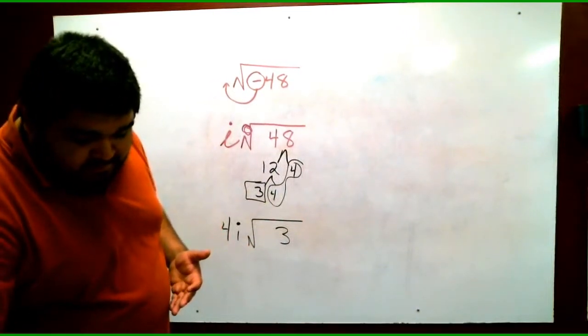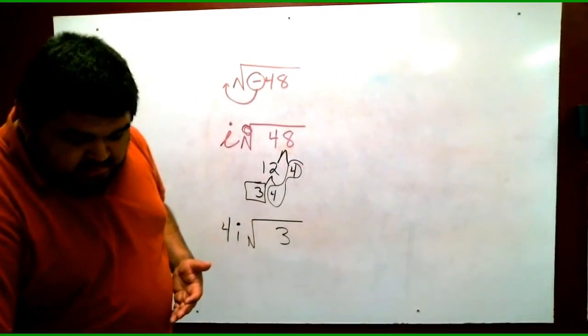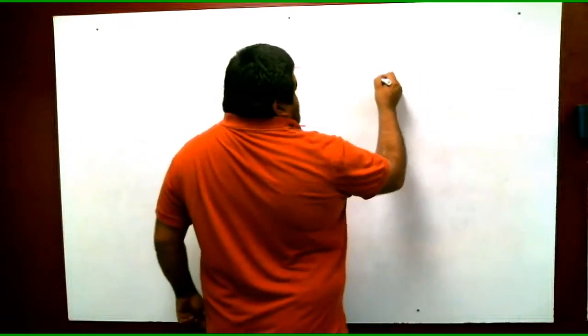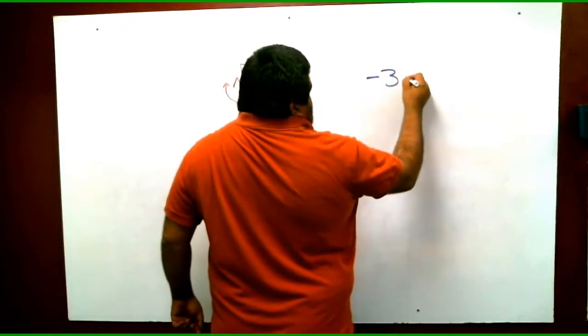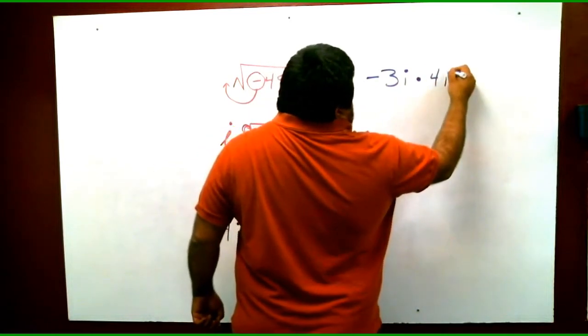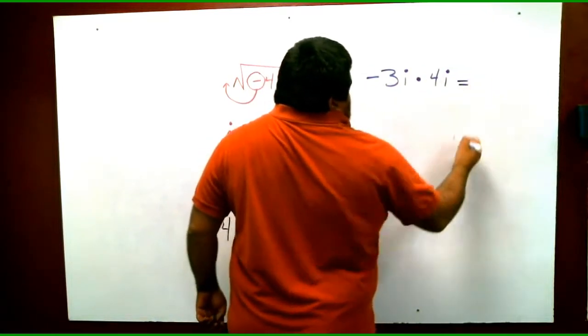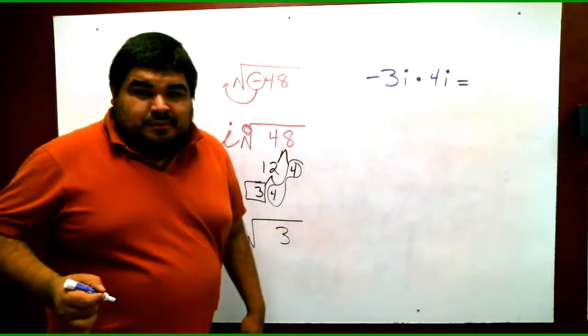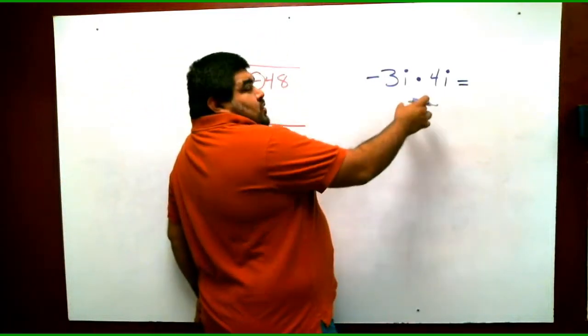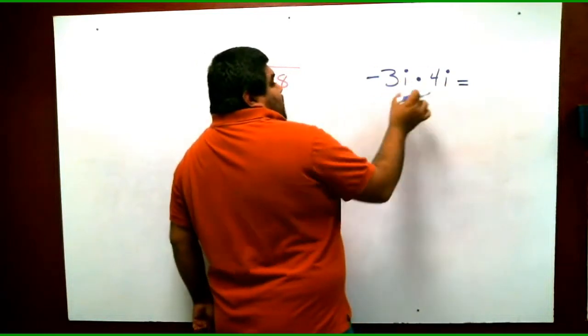For the second one, we have negative 3i times 4i equals, notice that we have two numbers that have i.